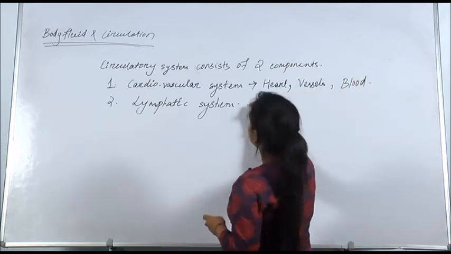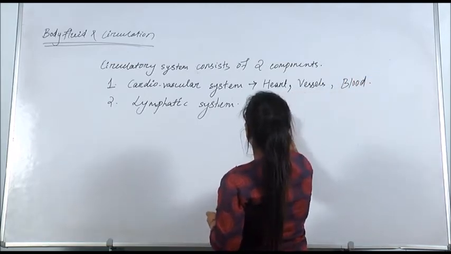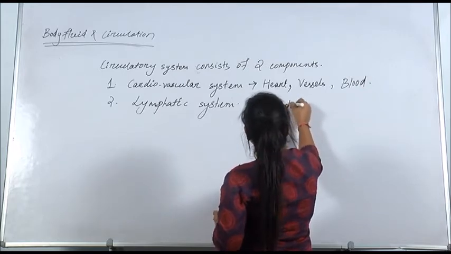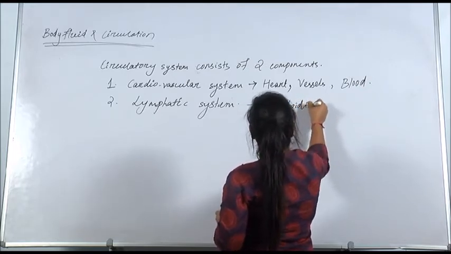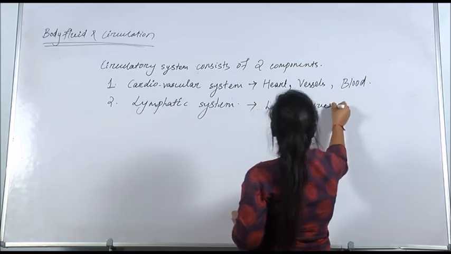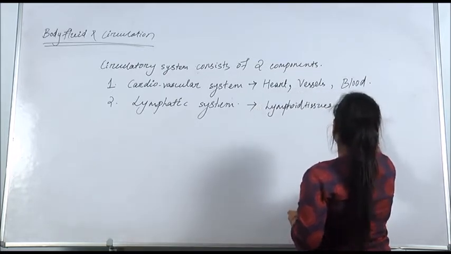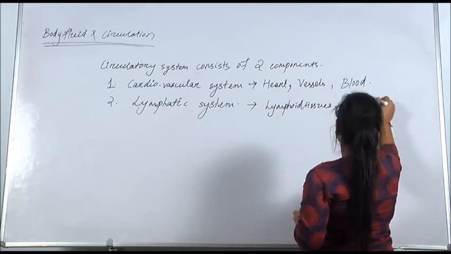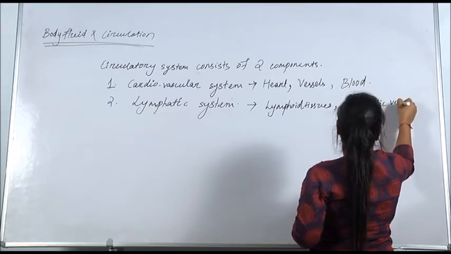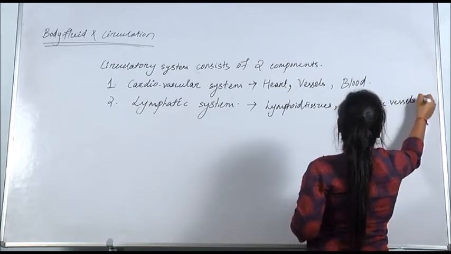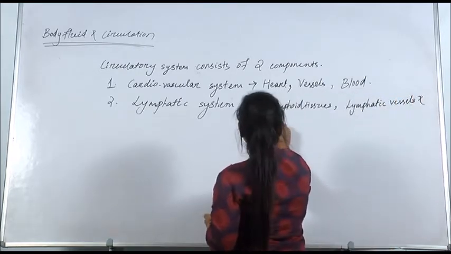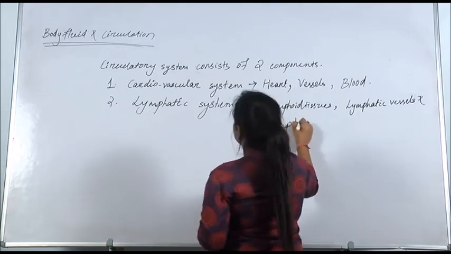When we are talking about the lymphatic system, it consists of lymphoid tissues, the path, that is lymphatic vessels, and the circulatory fluid, that is lymph.